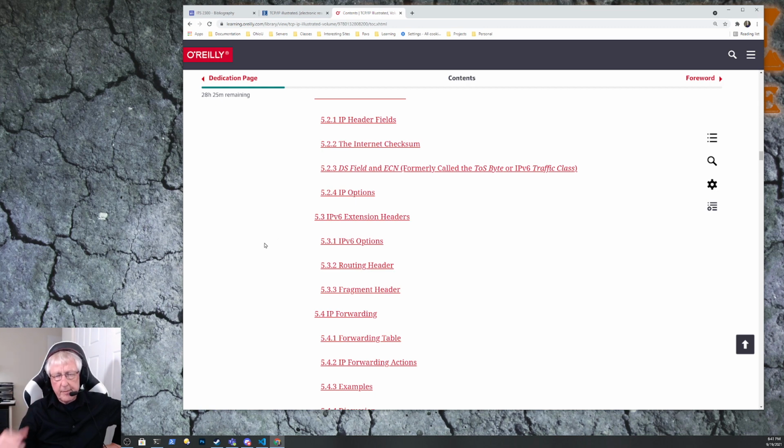So if you ask what to take out of that part of the chapter, it's not the specific options or the specific extensions, but understand why they exist and how they're implemented, so that if something came up next year saying, wouldn't it be great if we could do this, the mechanism exists to add whatever this is to IPv4 or 6, assuming the standards community agrees.